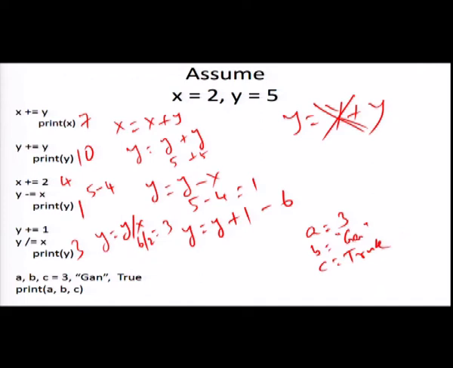Whereas in Python, all these three statements can be combined together and written like this. This is the speciality of Python language. Print a comma b comma c. What does it print? It prints 3 gan true. Why is it not printing GAN as capital? Because as I said, it is case sensitive and it is a string. Whatever string input you are given, the same will be printed as output. So this is the speciality of Python language.